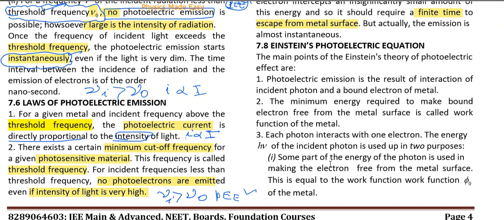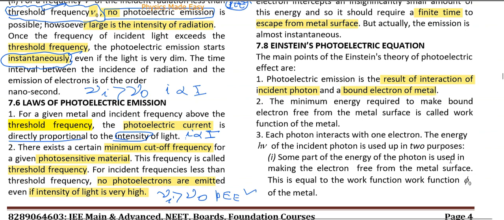Important points for the photoelectric equation are: first point, photoelectric emission is the result of interaction of incident photon and bound electron of metal.